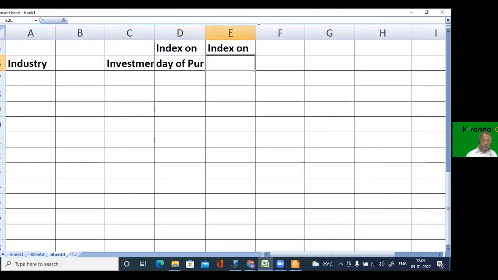Index on the day of sale or evaluation. Then 4 years, end value.